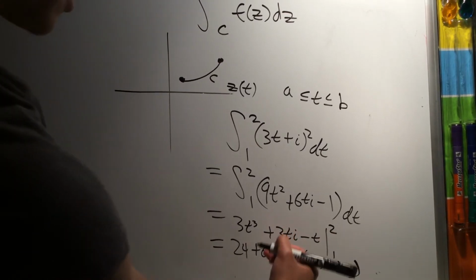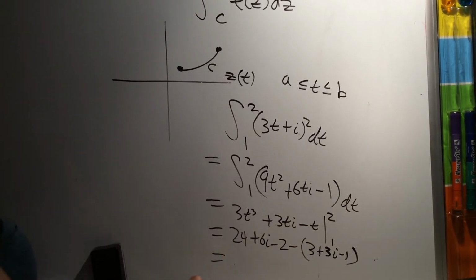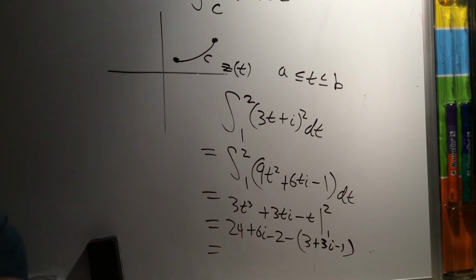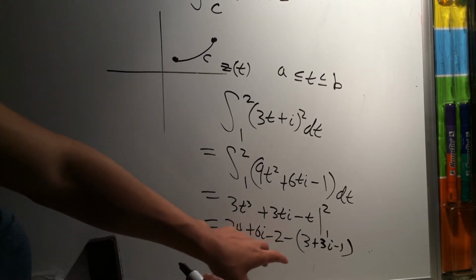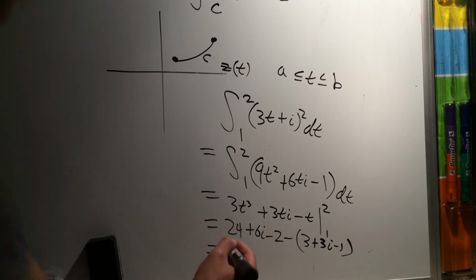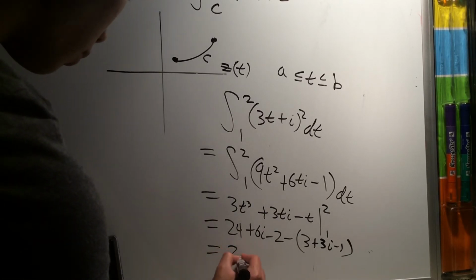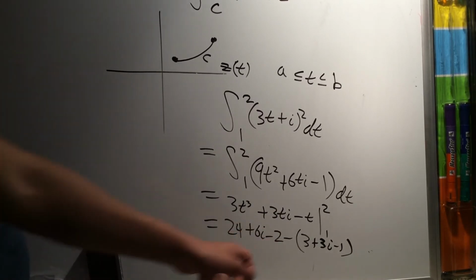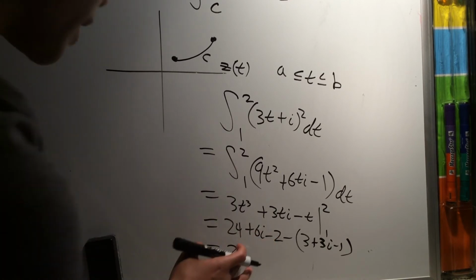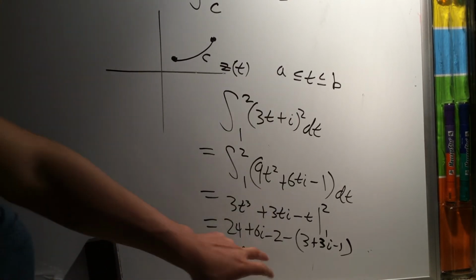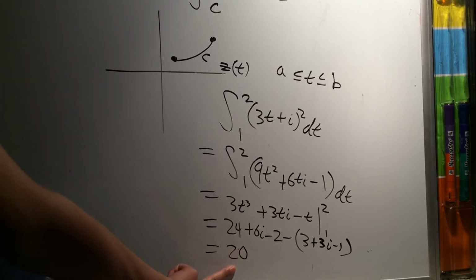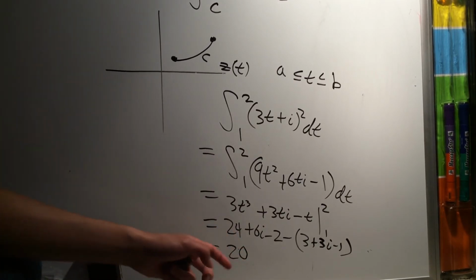Now that subtraction distributes over, so although we run out of space, we can just do this really quick in our head. We get 24 minus 3 plus 1, which gives us 22. I'm forgetting the minus 2 there, so actually let's just make that 20. And now that takes care of our real part.